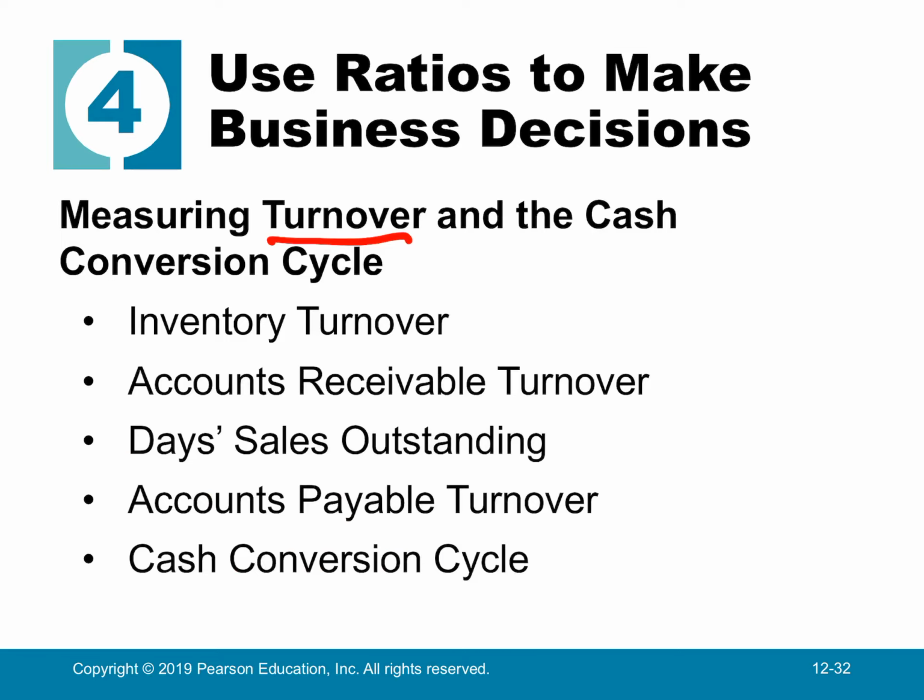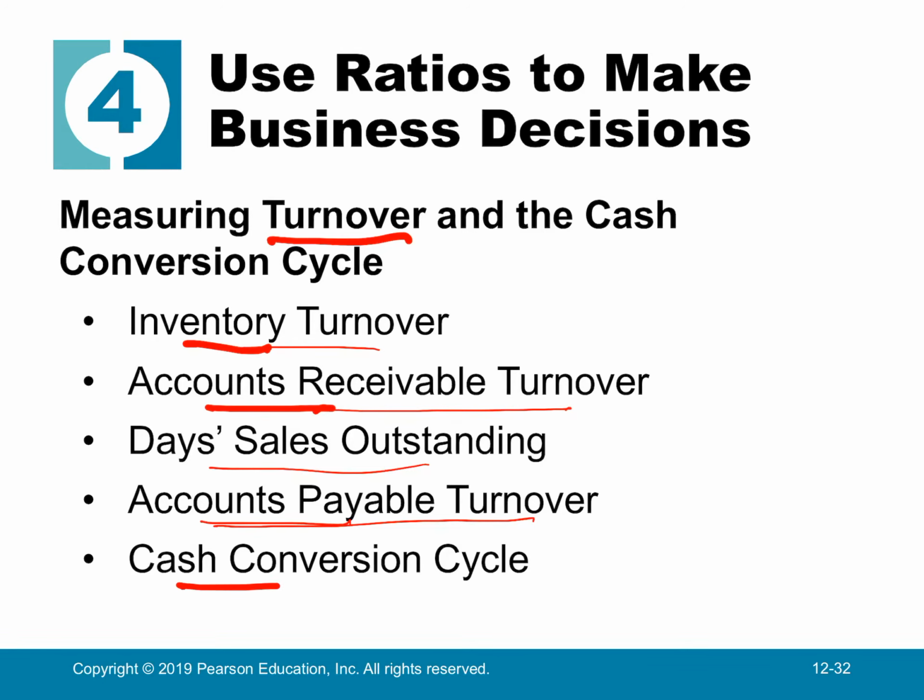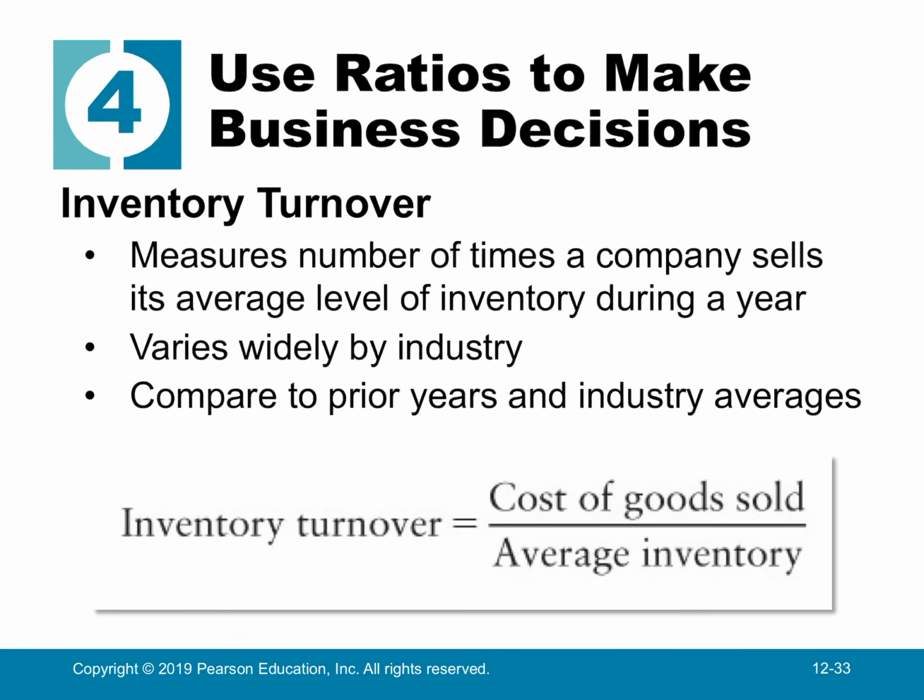So very often we take 365, because that's the number of days in a year, divide that by the ratio that we've calculated, and that gives us the result in terms of days, and that makes it much easier to understand. But some of the ones we've talked about: inventory turnover, accounts receivable turnover, which then turns into days sales outstanding, and accounts payable turnover. And when we look at inventory, accounts receivable, and accounts payable, those three will make up the cash conversion cycle. So let's look at inventory turnover.